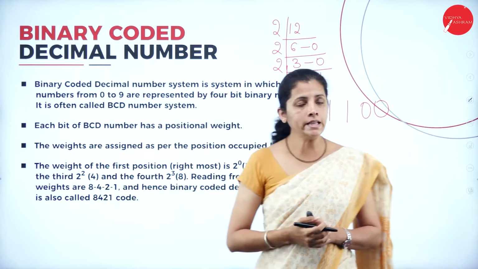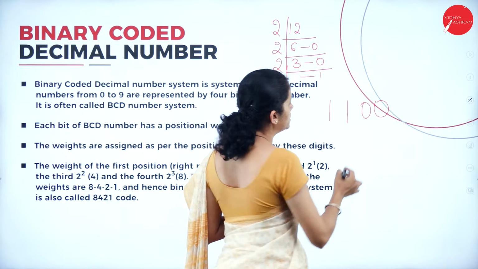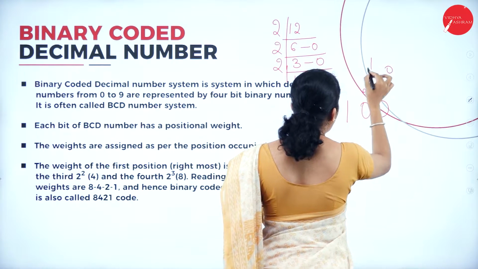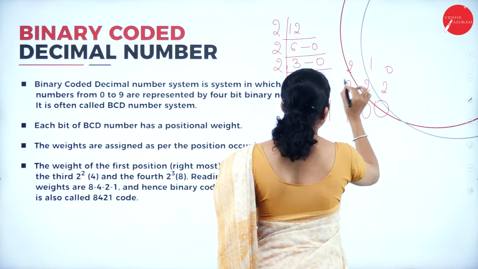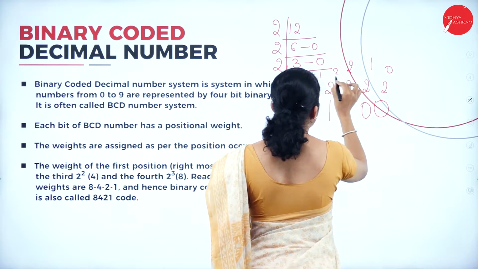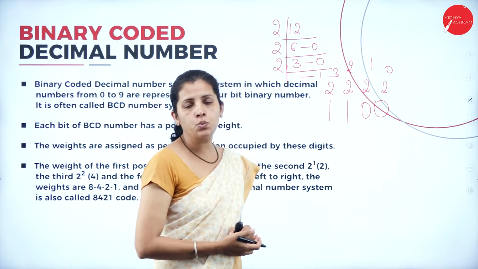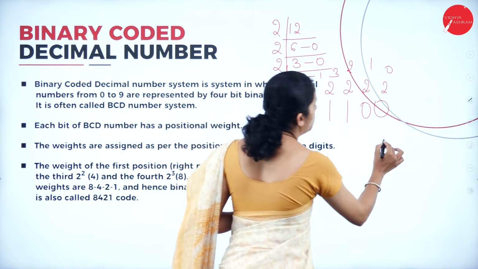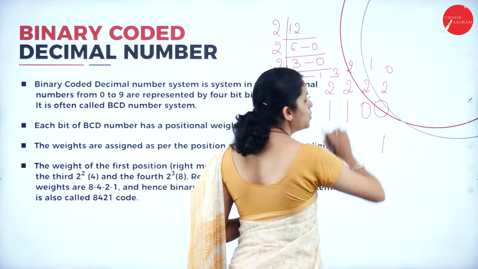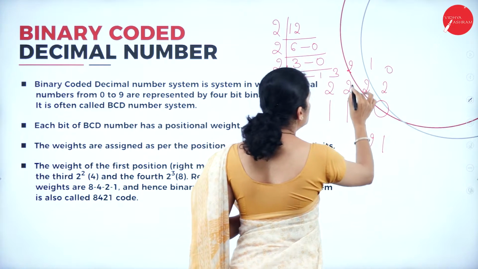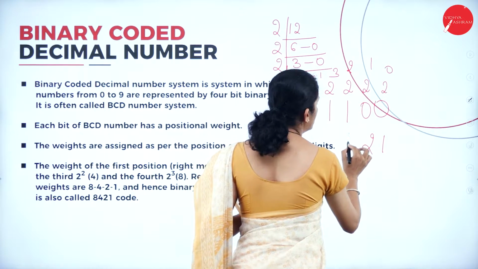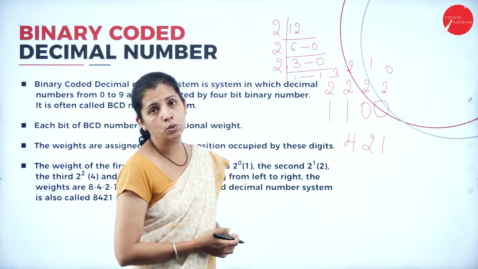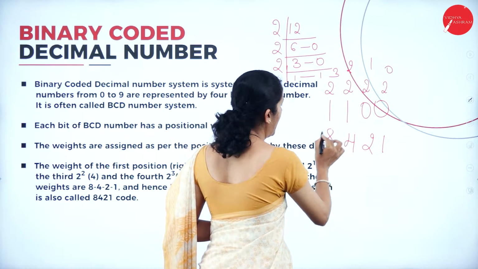And if I write the weight according to the position, it is 2 to the power 0, 2 to the power 1, 2 to the power 2, 2 to the power 3. 2 to the power 0 means what? By the mathematical property, 2 to the power 0 is 1, 2 to the power 1 is 2, 2 to the power 2 is 4, 2 to the power 3 is 2 into 2 into 2, that is 8.